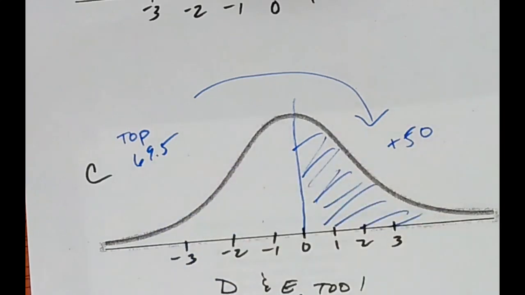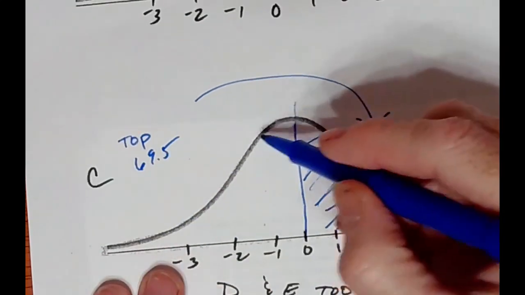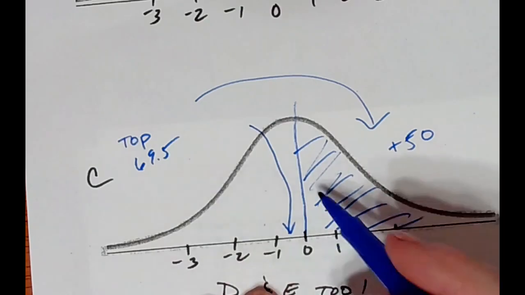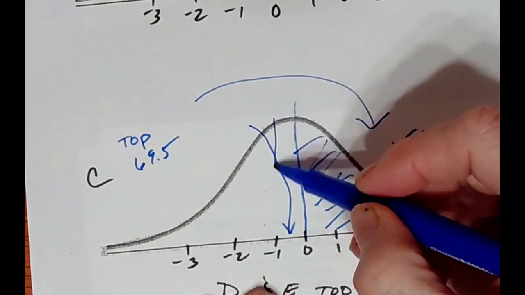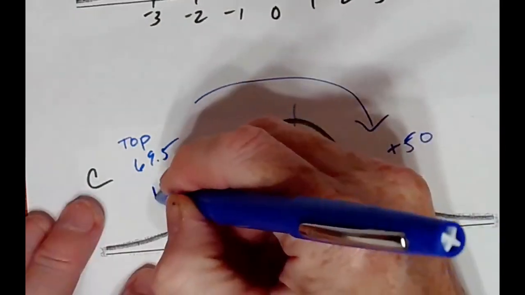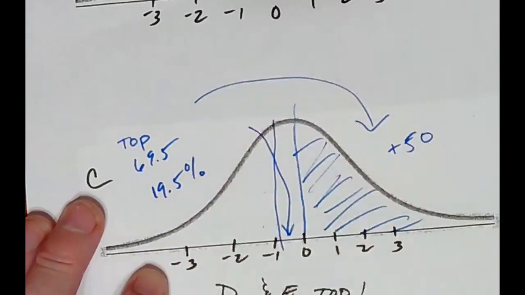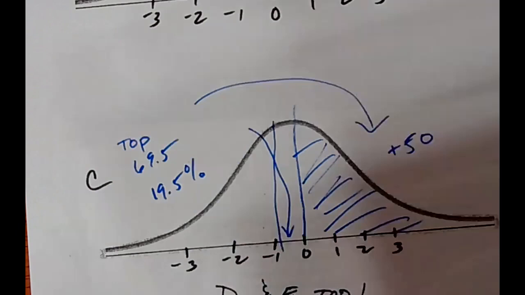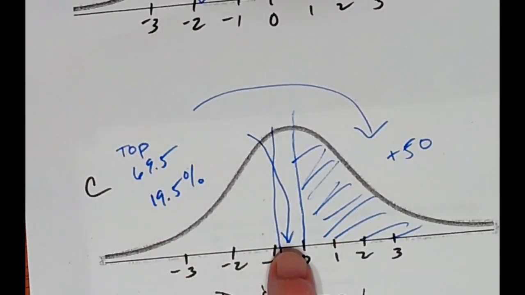Then I need 19.5% here, so it's going to be somewhere in there, and I need to know the 19.5% from mean to z to give me this extra area that I need. So the top 69.5%, I'm looking for 19.5% on the chart here. In this case we just need this extra, so that's the area between the mean and z.